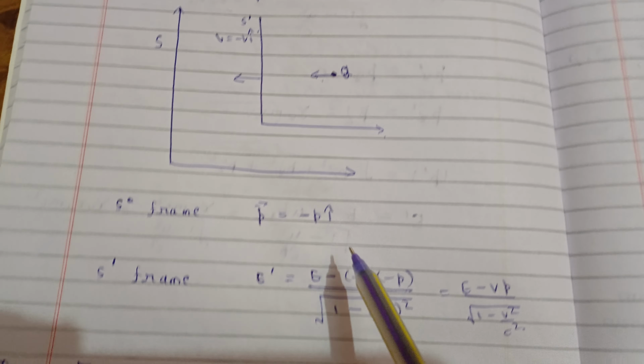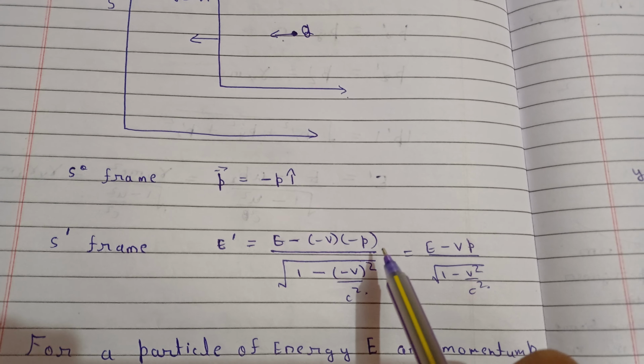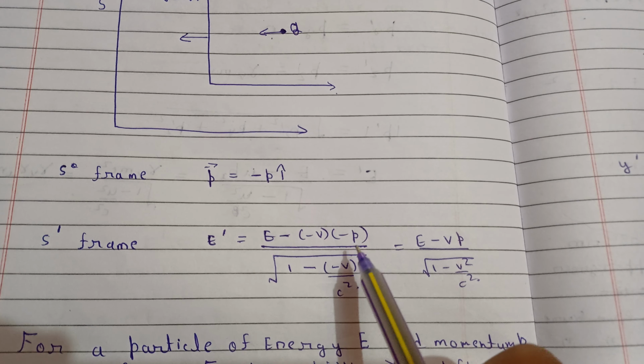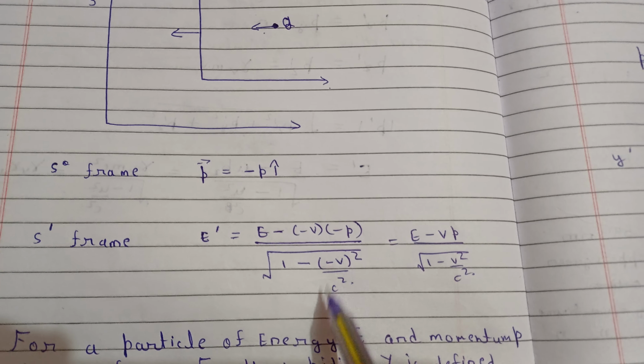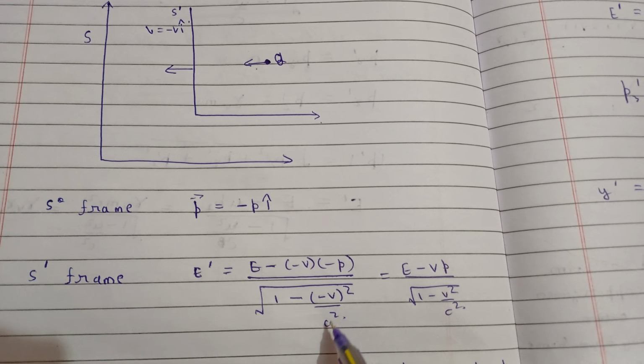Okay, and we put it in the energy formula. E minus i dot i will be 1, and minus v times minus p, that is speed and momentum, divided by root of 1 minus the speed of the frame squared, and it will give you E minus vp by root of 1 minus v square by c square. So this will be the answer.